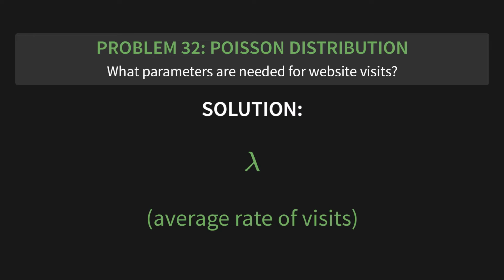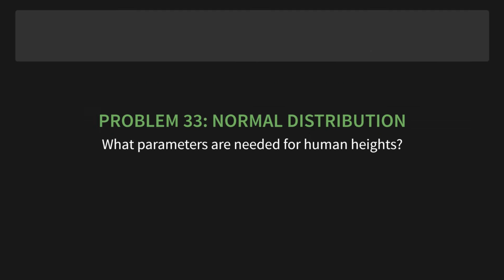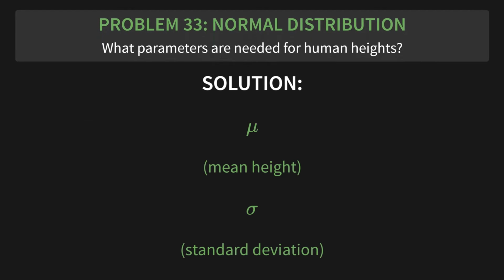What parameters are needed for a normal distribution for human heights? Mu, the mean height, and sigma, the standard deviation.